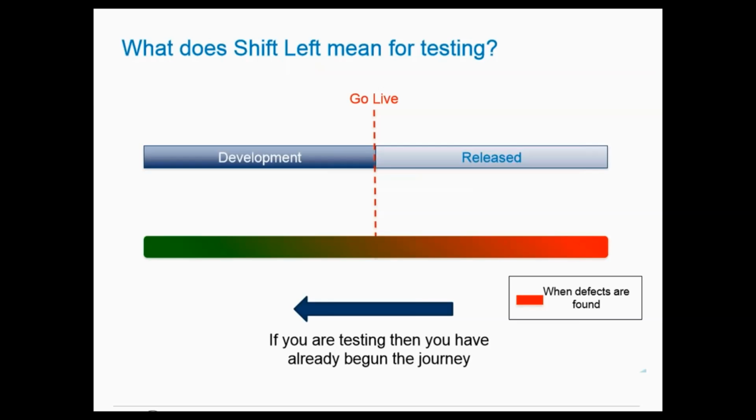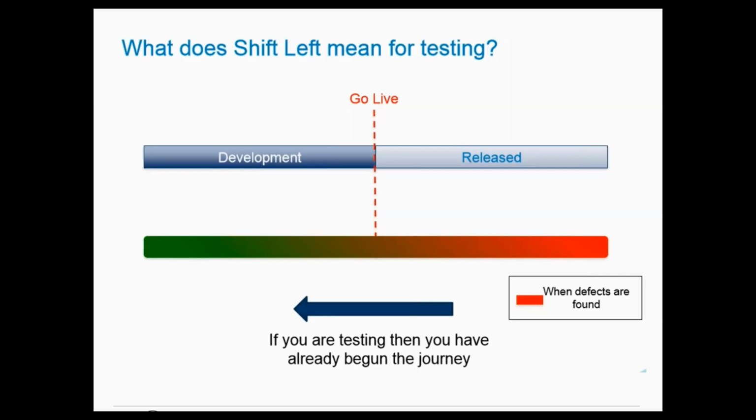So what does shift left mean for testing? If you look at this diagram, it talks about two different activities, one is development and one is release. And if you look at the colors, it shows where defects are found. Those are more in the release stage, and those are very critical.